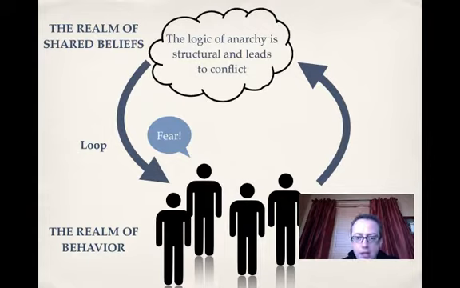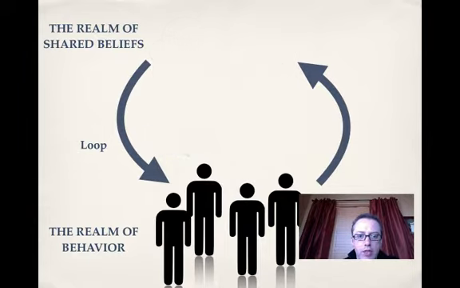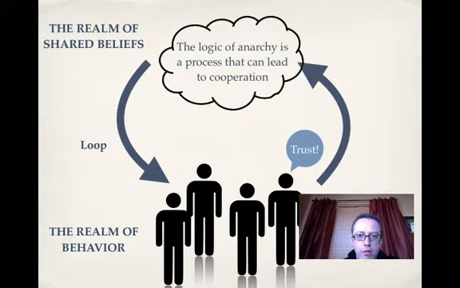But that's not the end of the story, because of course if you change the content of the speech bubble and the corresponding behavior, you get a much different type of process. Here is a sort of more liberal contention, where we say the logic of anarchy is a process. Well, obviously actual liberals would still say that anarchy is a structure, but that it can be mitigated and lead to cooperation.